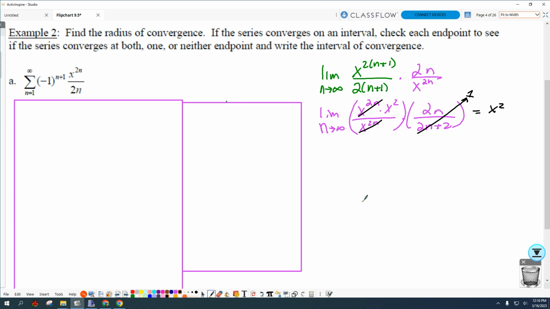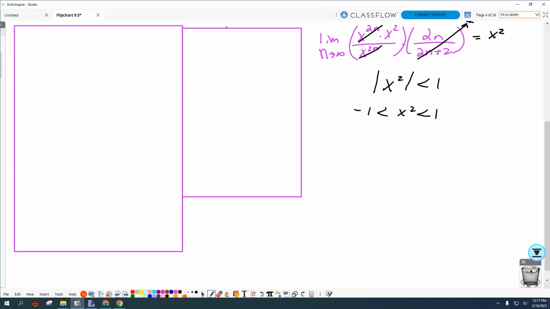Okay, so doing the ratio test, I get, this will converge when the absolute value of x squared is less than 1. How do I get the absolute value bars off? Negative and positive, but how do I now deal with that squared thing? Can you take out the two? Wouldn't it be negative x squared? Yeah, because the absolute value of negative x squared became positive.